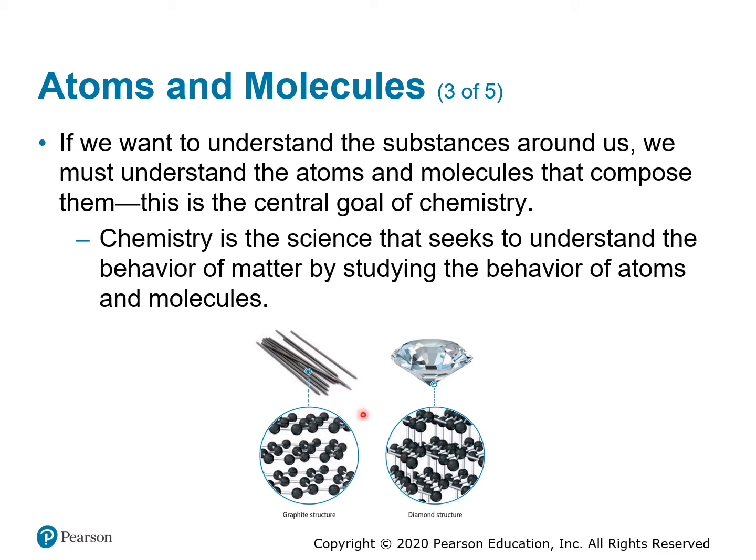And here is an example of graphite and a diamond. See how they are both made up of carbon atoms, but the structure, the way these atoms are arranged, determines the properties of graphite and diamond.